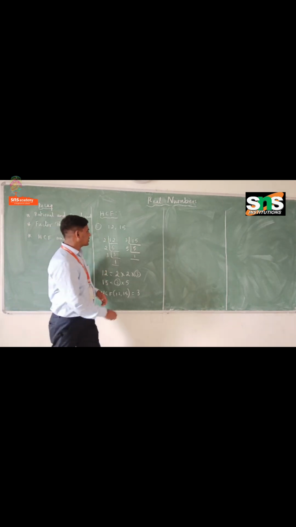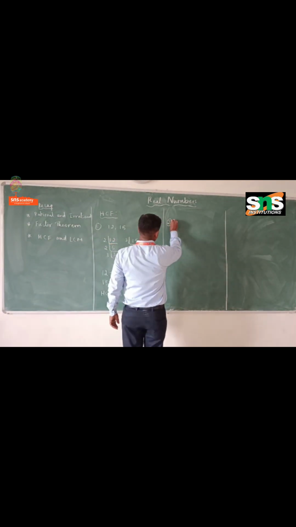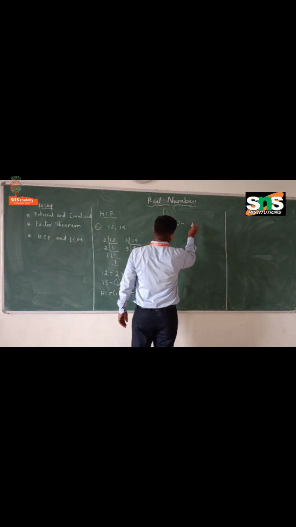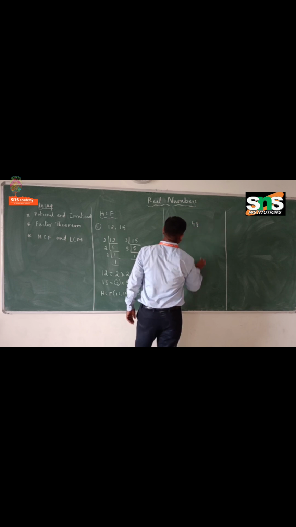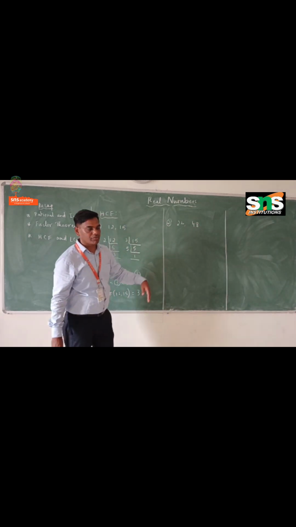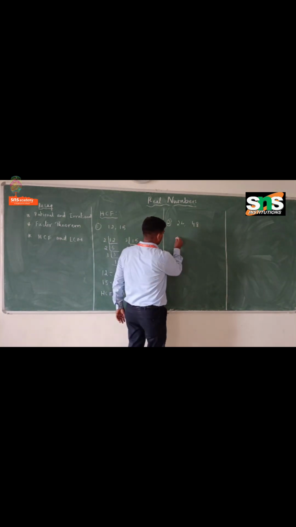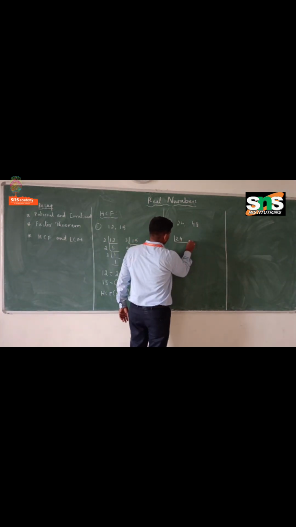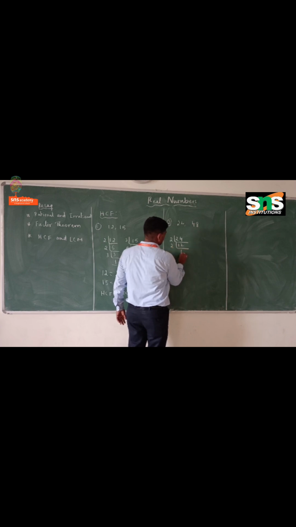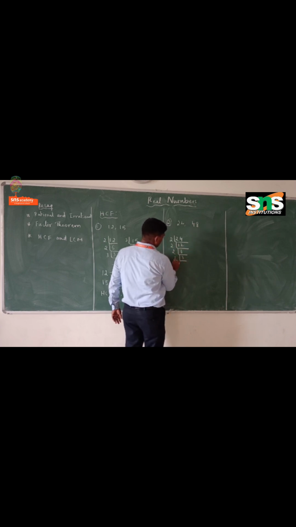Based on this, next we'll see the numbers 24 and 48. We'll see what the common factors are, using the same prime factor method. For 24, the 2 table will come 12 times, again 2 table 6 times, 2 table 3 times, and the 3 table 1 time.